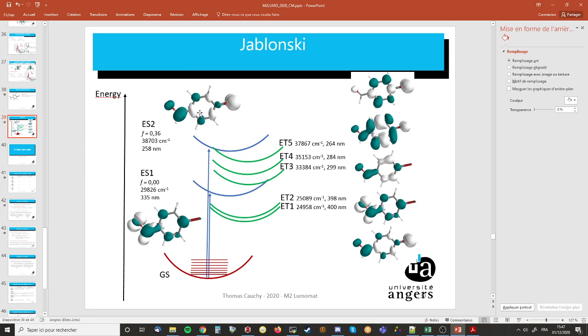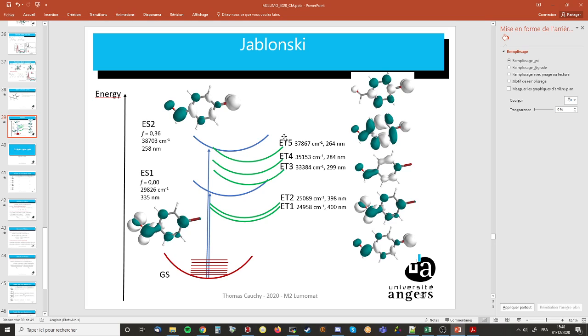When you look at it, you can see here that your electronic transition can go up to your ET1 with ET4, ET3, and maybe directly here, depending. But you can see that there is a huge resemblance, likelihood, between the two. Okay? ES2 and ET1 are the same.